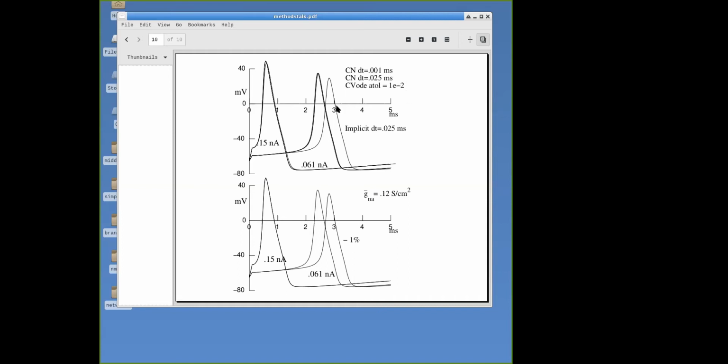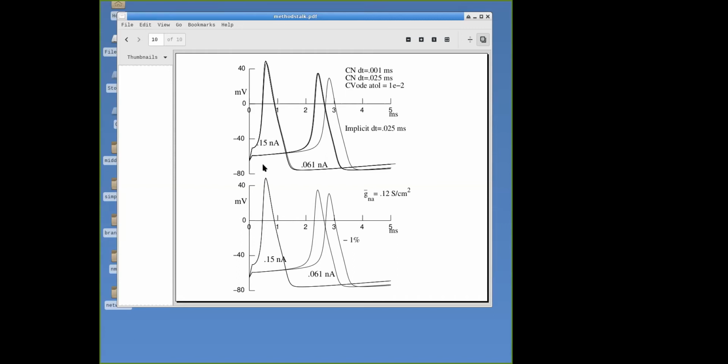And you'll see that with a strong stimulus, all of these solutions look pretty similar. The one that's a little bit off is the implicit Euler, that backwards Euler, NEURON's default method, and it's a little bit slower than the others in terms of this decay phase here. But they're all pretty close. That's good enough for most qualitative insight and most semi-quantitative results.